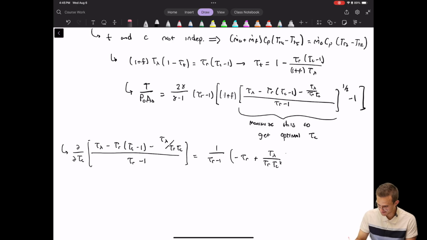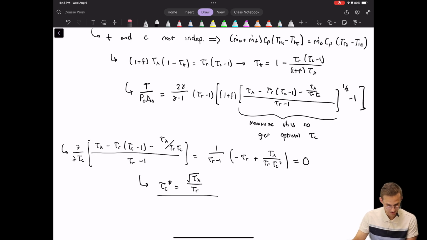And then since we're optimizing, we're going to set that equal to 0. And that gives us an optimal compressor temperature ratio for the ideal turbojet of the square root of tau lambda over tau R.